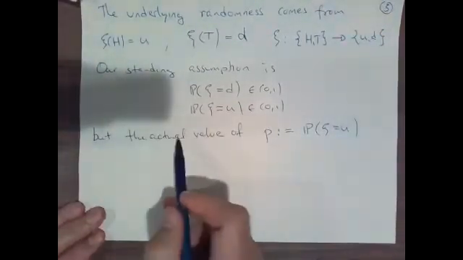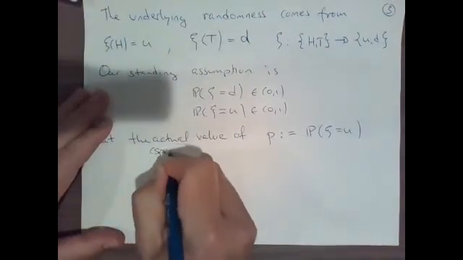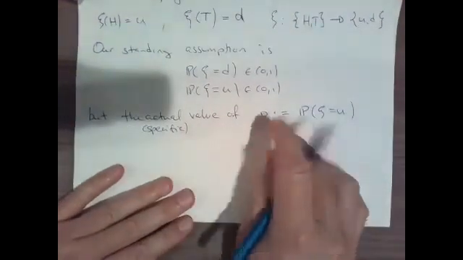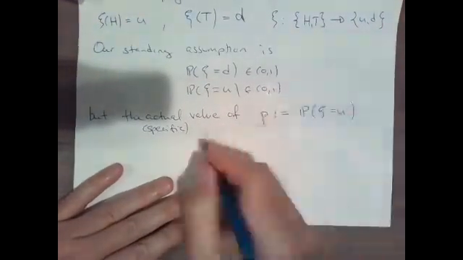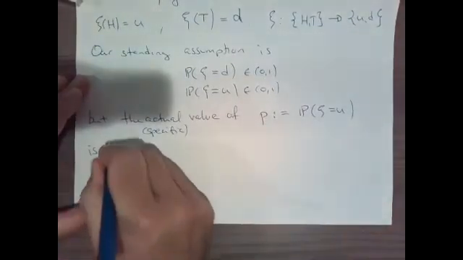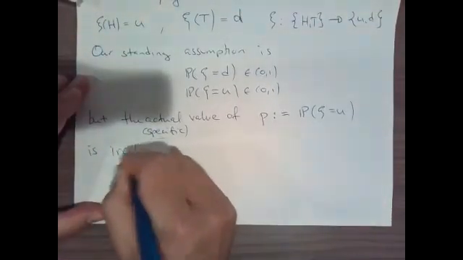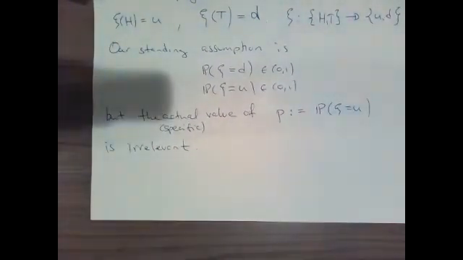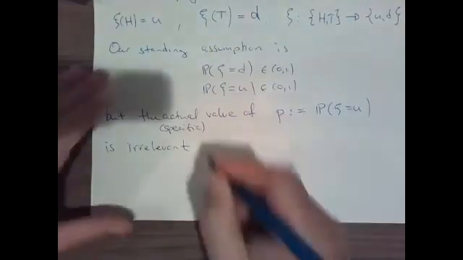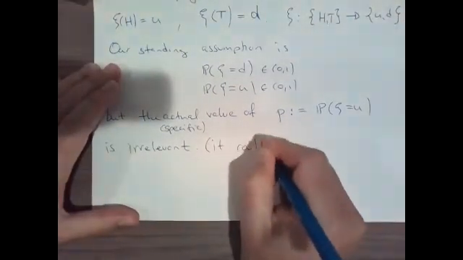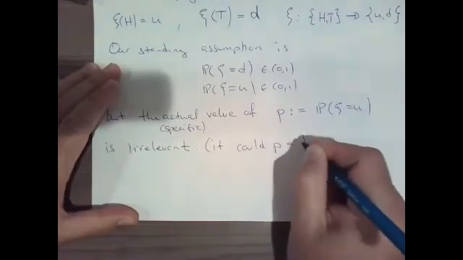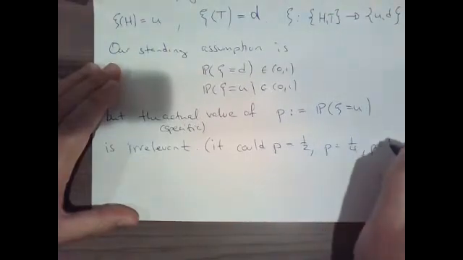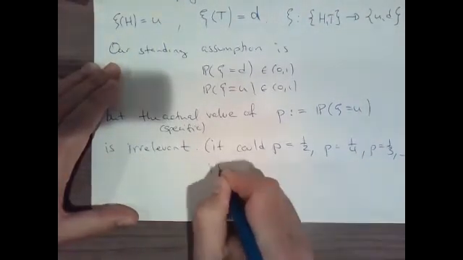But the specific value of this constant here, other than being somewhere between 0 and 1, is irrelevant. It could be P equal to half, P equal to a quarter, P equal to a third. It doesn't matter.